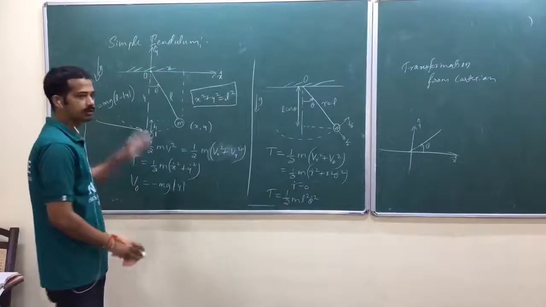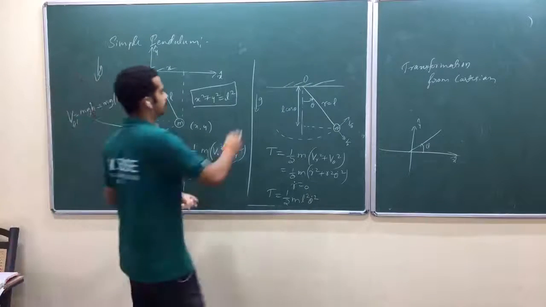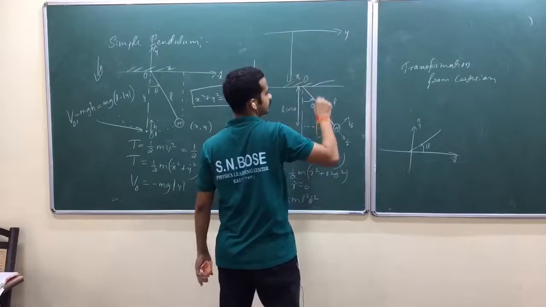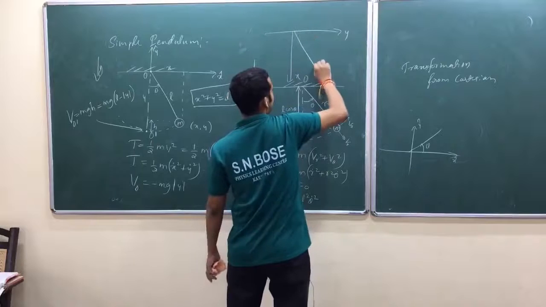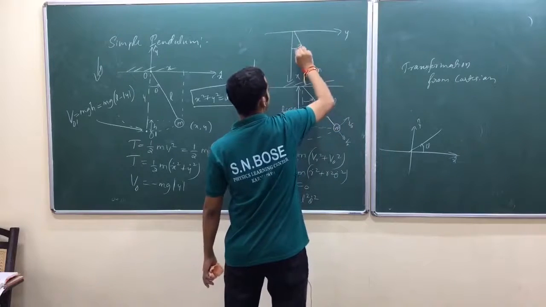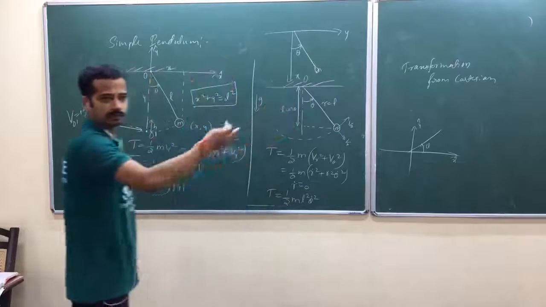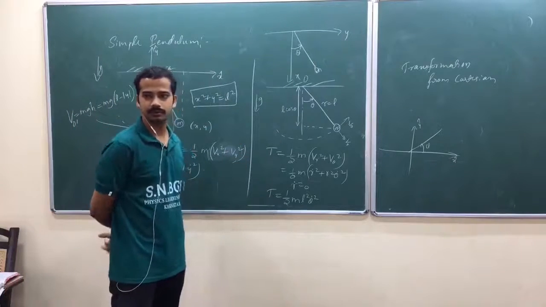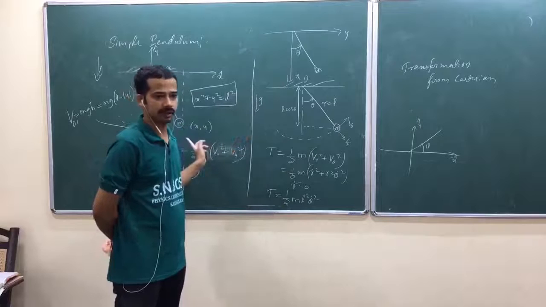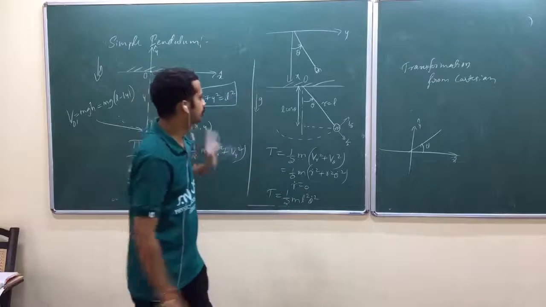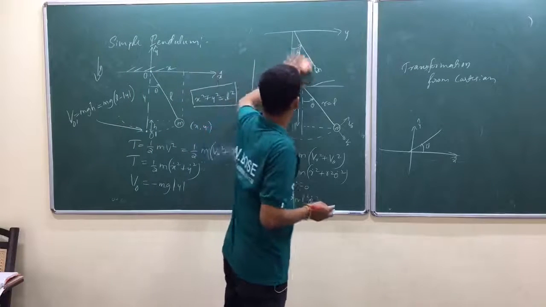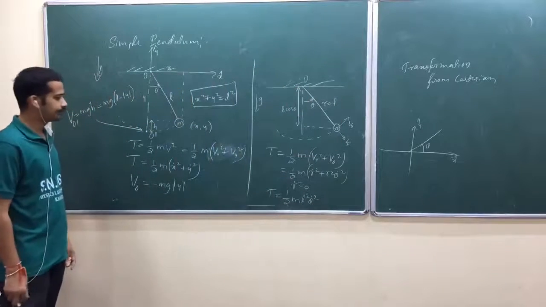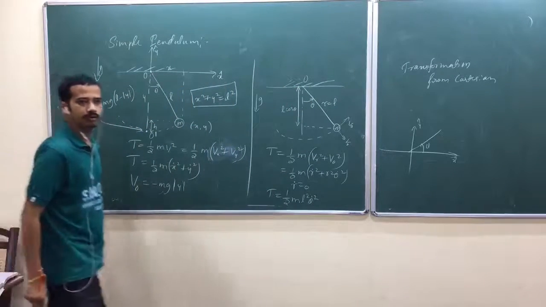So after this class, do this problem, do this transformation by taking this as the y-axis and this as the x-axis, so that you have mass m here, theta here, and you will get directly x equal to r cos theta, y equal to r sin theta as your transformation equations. Since I have interchanged that, I got it like this. Is that okay? But it should be of no issue. It doesn't matter. Are you getting the idea?